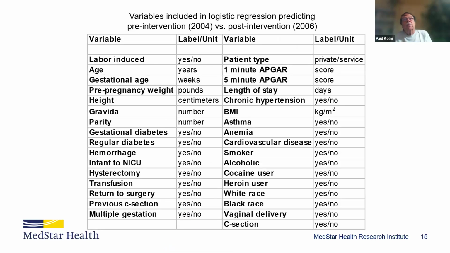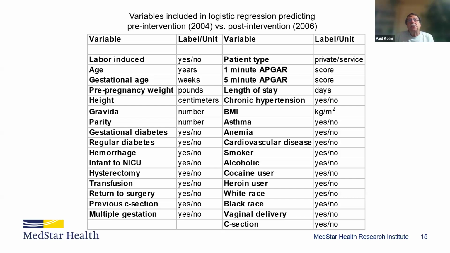Because this is not a randomized study, we're going to use propensity scores to match, or to hopefully equalize, patients pre-intervention and post-intervention. Here's a list of the variables that we're going to use to develop a propensity score, and you can see there's quite a few.